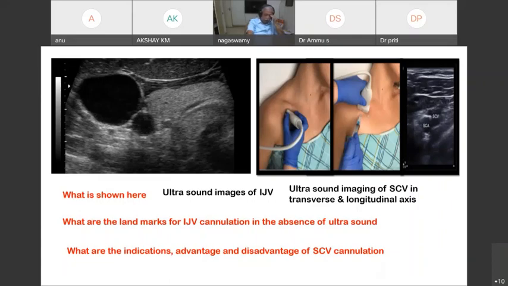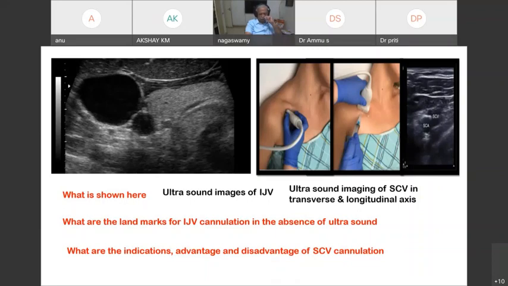Or chemotherapy patients, where repeated use of the veins is needed. All these are the indications. Whenever you want to keep the cannula for a longer duration, you go for subclavian. It is more comfortable than the neck, with fewer chances of infection.